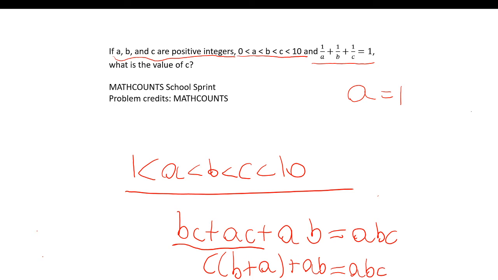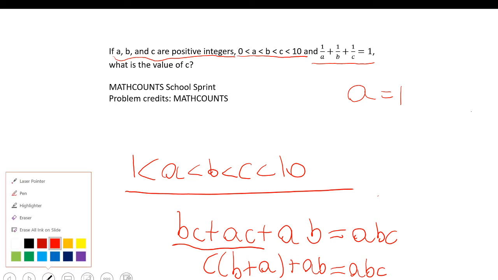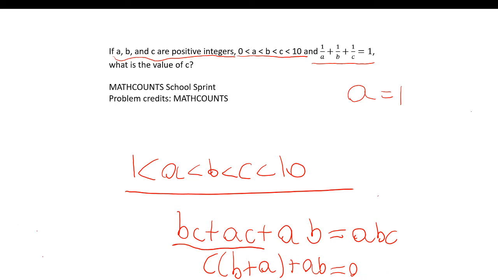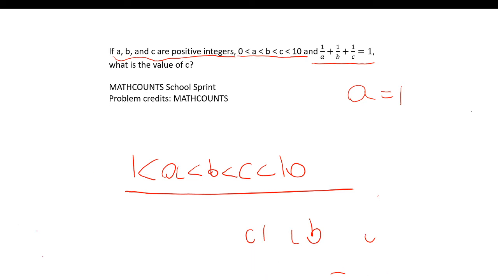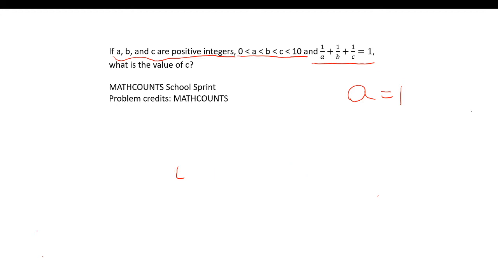Now, we can't factor any more. This factoring isn't going to help us. We could keep factoring and manipulating, but that would take a while. I have a faster way to solve the problem. Okay, a can't be 1, by the way.